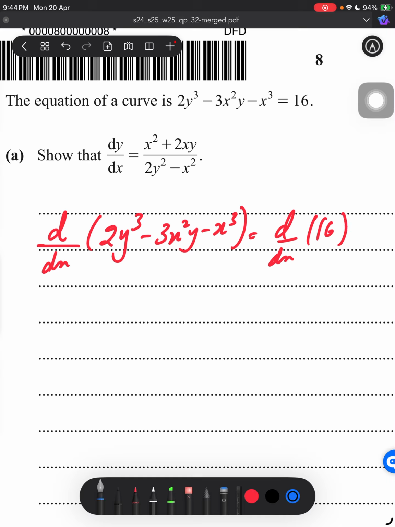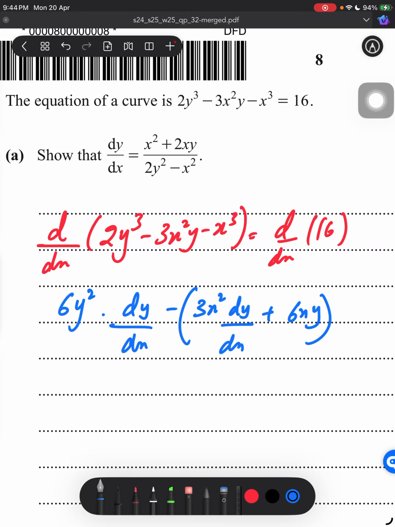So this would give us just this, dx minus 3x squared of 2y plus 6xy.